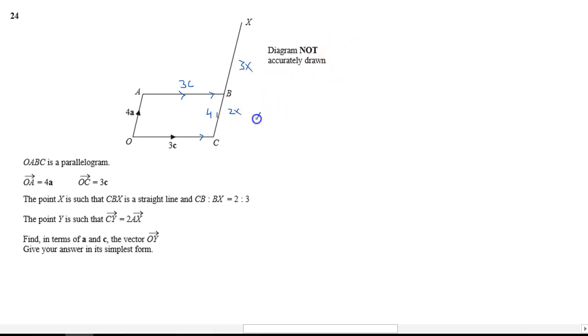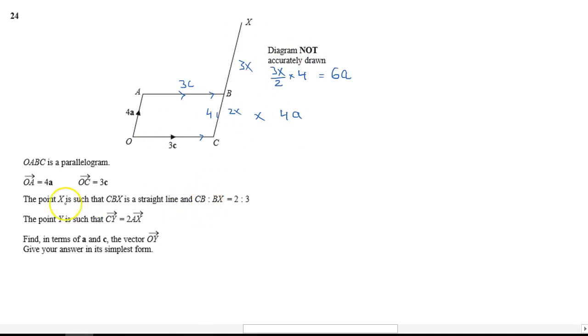If this is x, this one will be 3x over 2. If this is 4, this will be multiplied by 4. So that is 6. Actually this is 4a, so this one will be 6a. This is very simple, you should know about it.